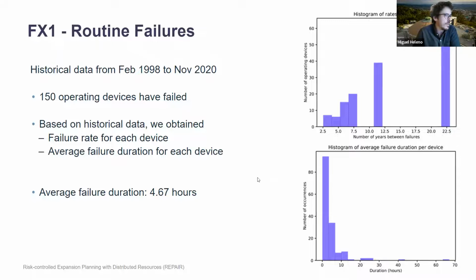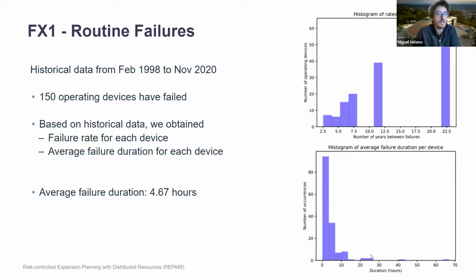the failures. So this is the number of years between failures in the same component. Here we have an average where most of them are above 20, which is good. This is the average duration of their failures. As you can see, most failures are short duration.